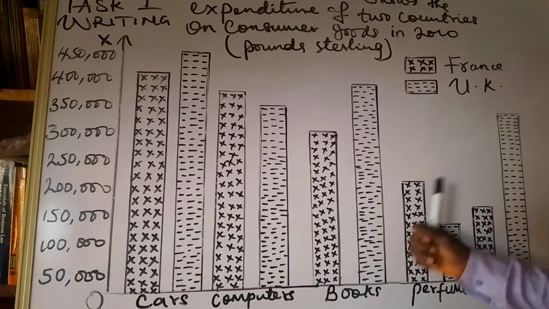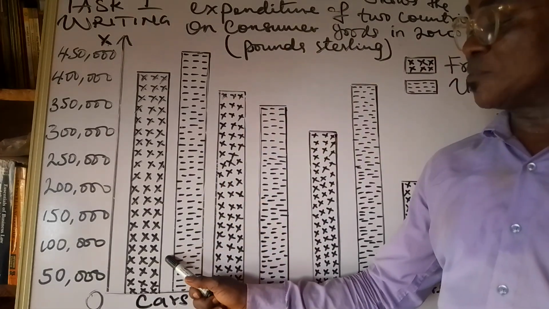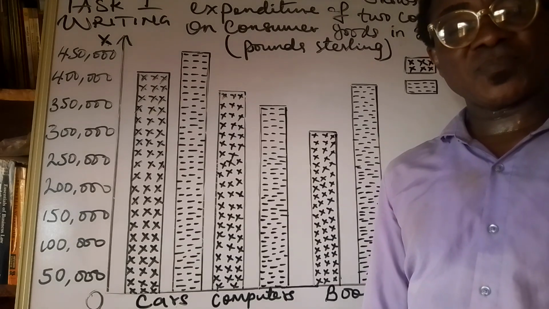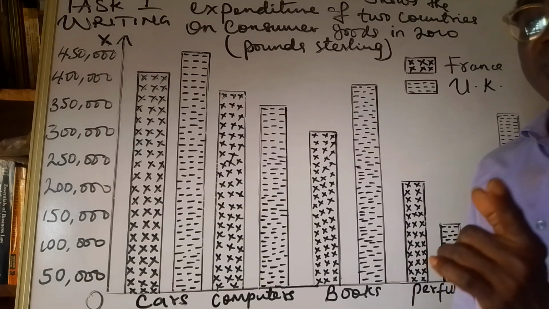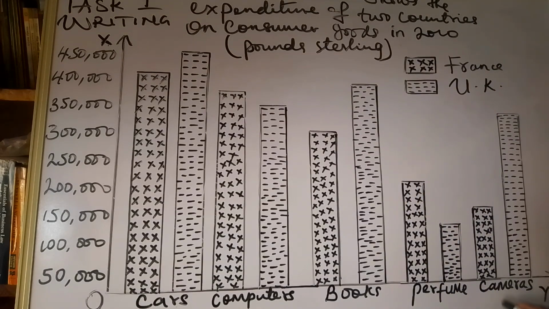That's British and French citizens spent more of their incomes on cars, while the least expenditure on the part of the UK was on perfume, while cameras took the least expenditure from French citizens.